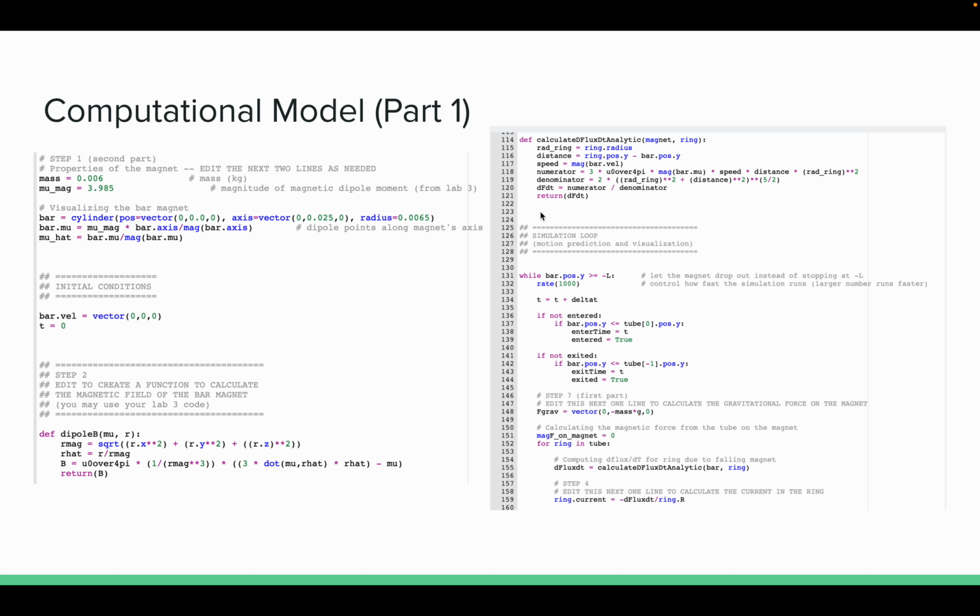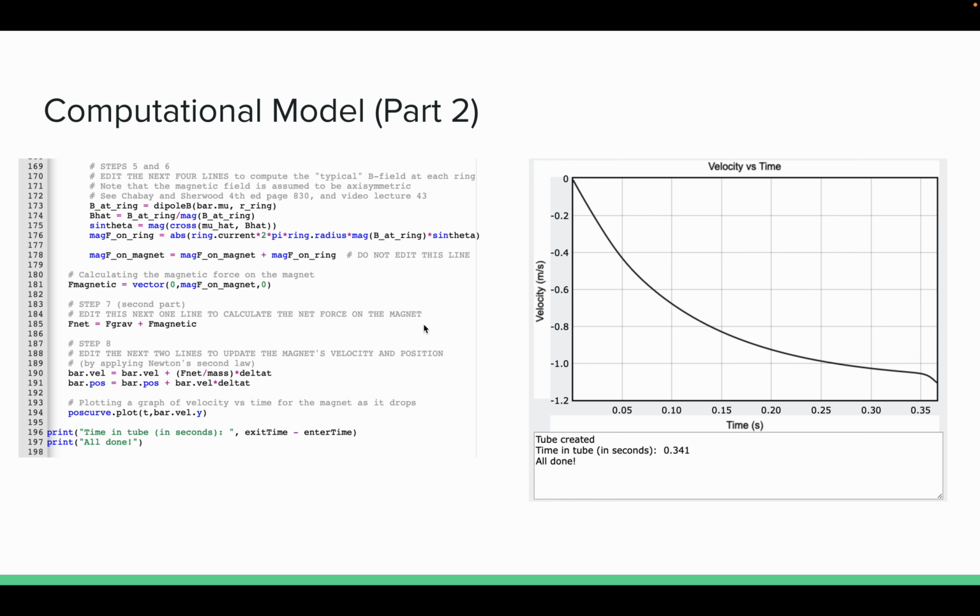Here is the function for calculating the flux, and then some more simulation code, and here's my final velocity versus time graph, and as you can see, my time was 0.341 seconds.